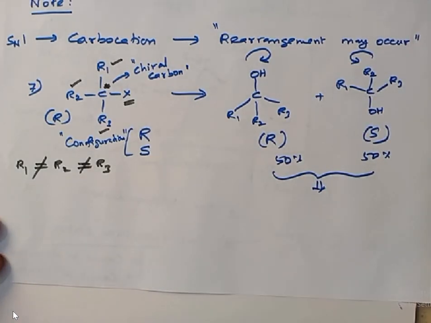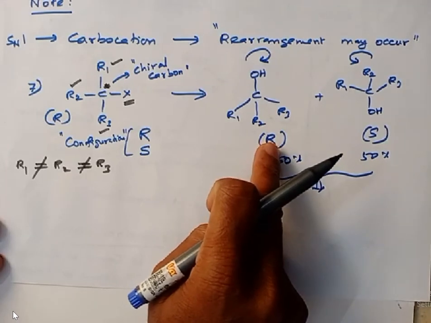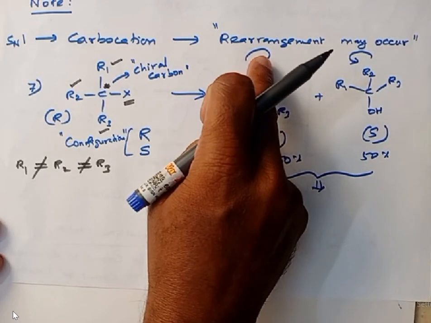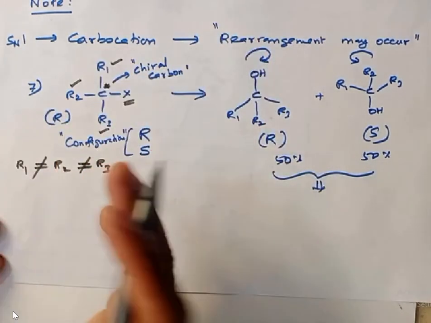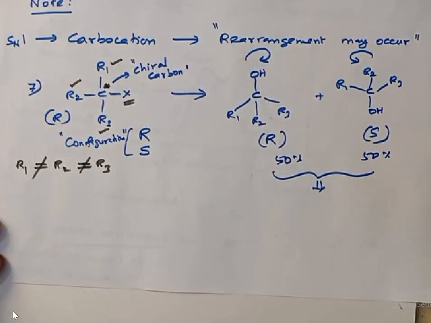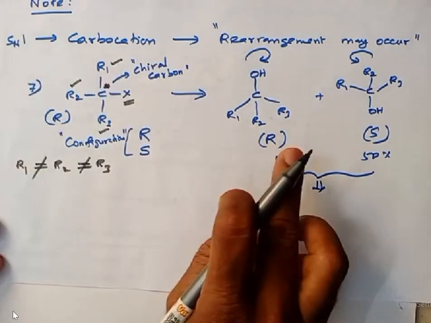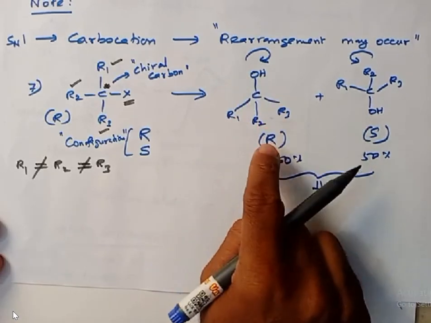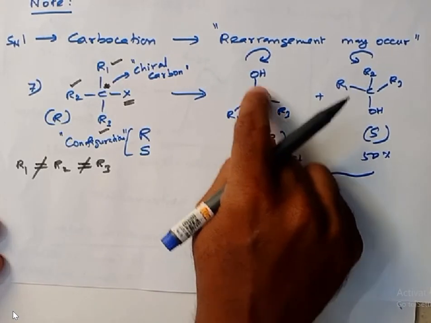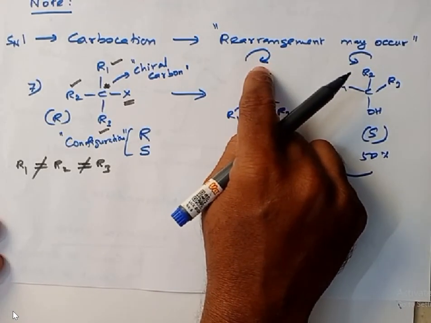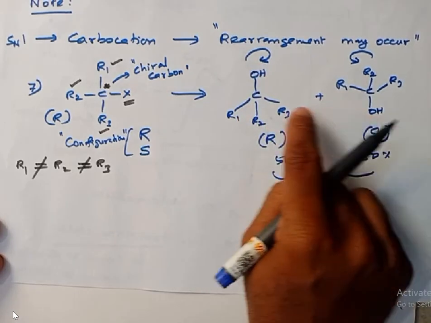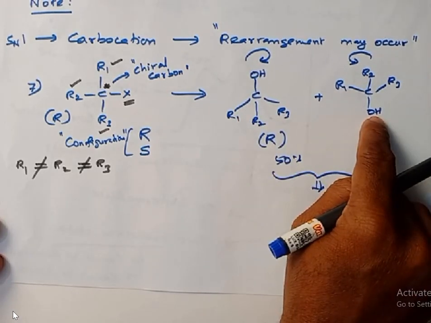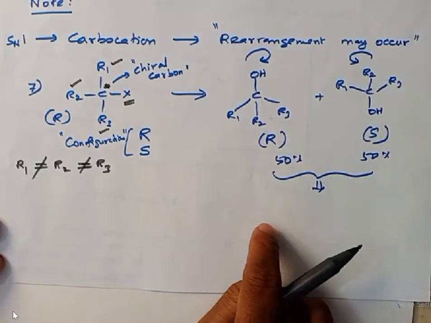Students, I repeat, R configuration need not rotate clockwise alone. It can also rotate anti-clockwise. Just for understanding purpose, I'm saying it like this. Suppose the R configuration of the product rotates the plane polarized light clockwise, then the S configuration of the same product will rotate the plane polarized light anti-clockwise.